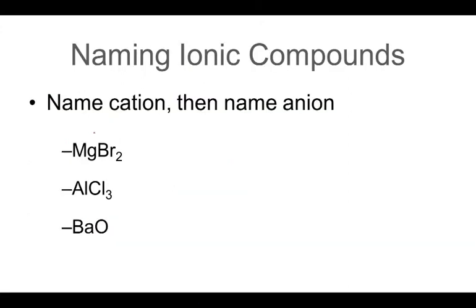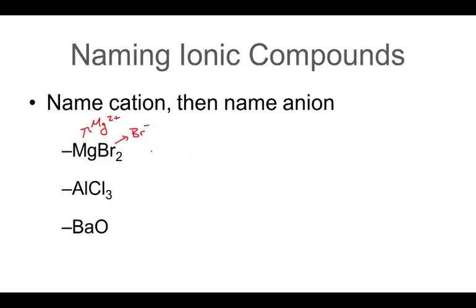Now, we're going to go backwards. Before we were given the 2 elements, and we were trying to figure out how they combine. Now we're given the ionic formula, and we need to figure out what its name is. So all you have to do is name the cation. So you know that this was just magnesium 2+, and then you're going to name the anion, and this was bromine 1-.